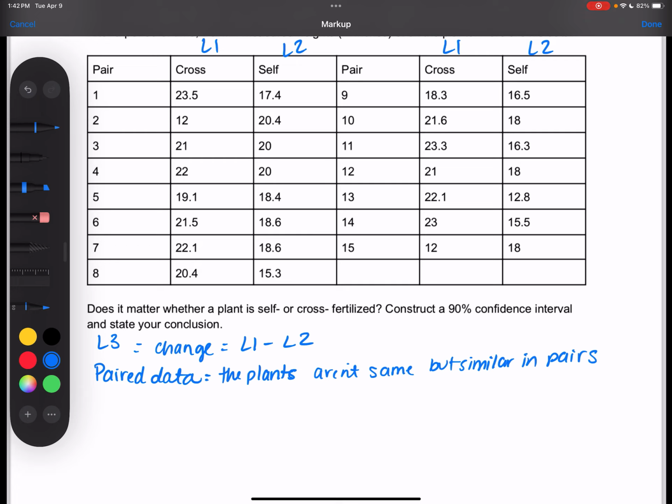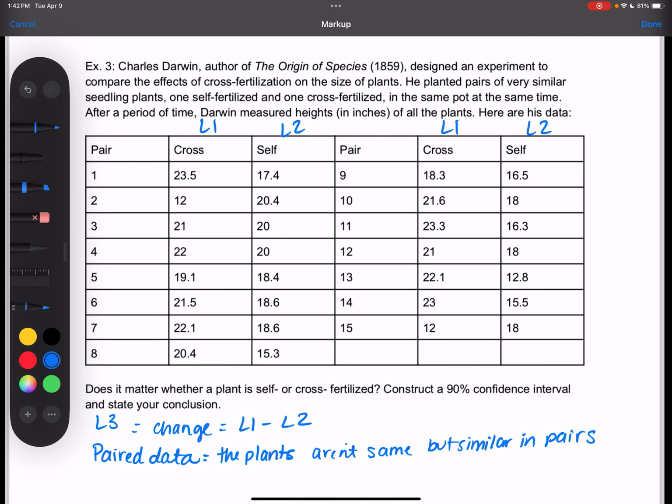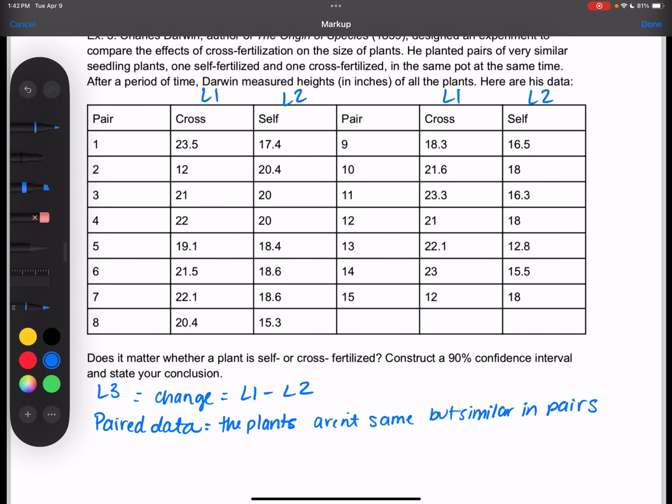For independence, is each pair independent? Yes. More than likely, just because he said he used very similar seedling plants, more than likely he didn't use the same type of plant for all the pairs, but it doesn't specify enough for us to be sure. But more than likely it's different types of plants, but then within that each pair would have been the same kind.